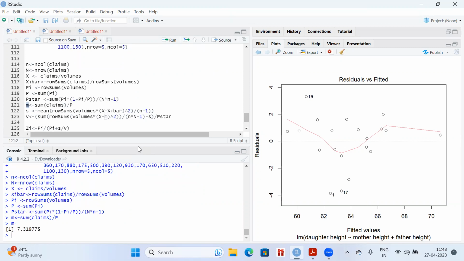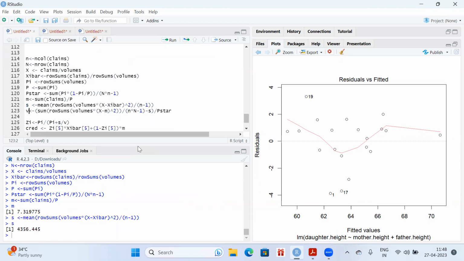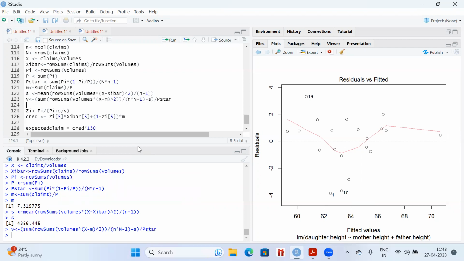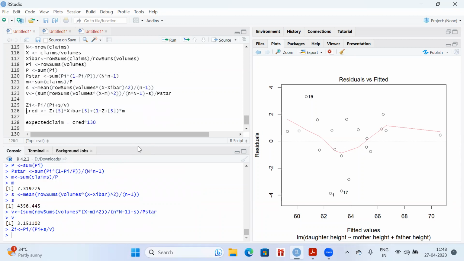So the m answer is 7.319. Then s is the mean of row sums of volume times x minus x i bar squared, divided by n minus 1. If you run this, the s answer will be 4356, and v is the sum of row sums of volumes times x i bar minus m squared. If you run this, v is this. Z i is nothing but P i divided by P i plus s by v.